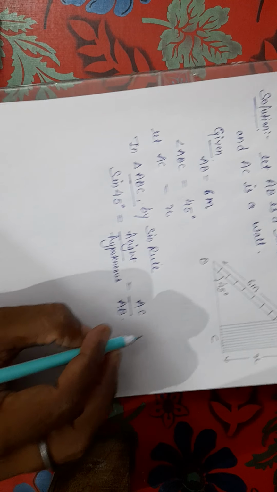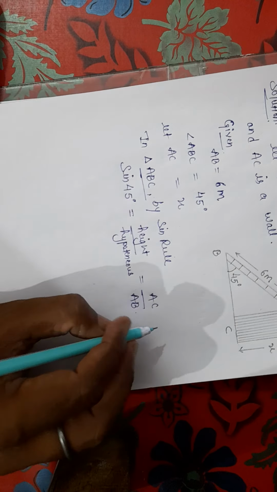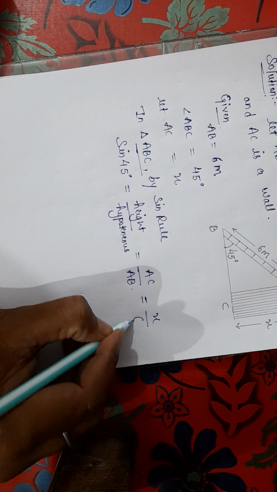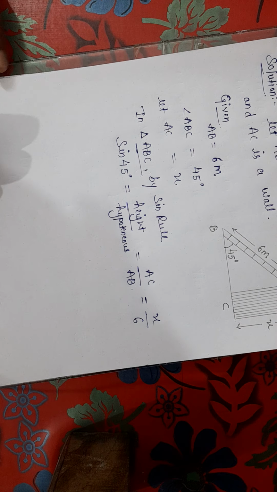Got it? So in place of AC we will put X, in place of AB we will put 6, because sine 45 equals 1 upon root 2.